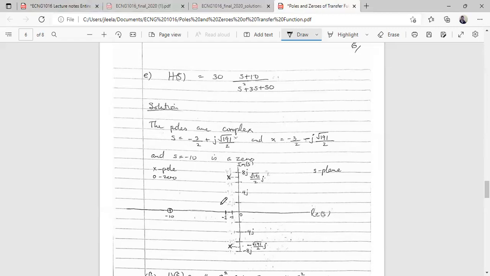And then minus 3 over 2 will be between minus 1 and minus 2. So this is the position of your poles here, and this is your zero here. Right? Is that okay so far?